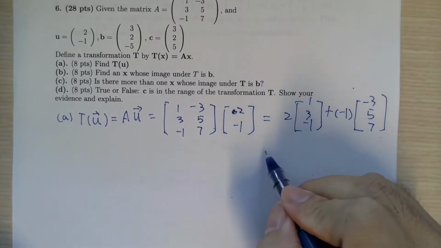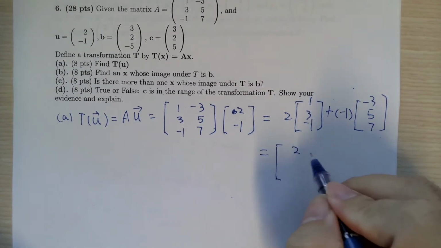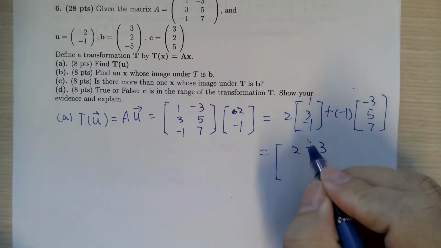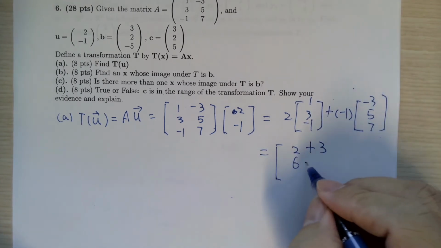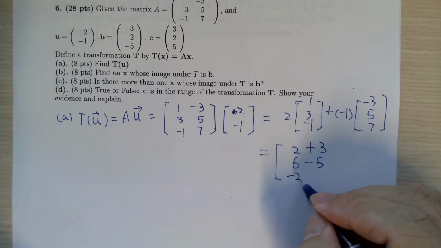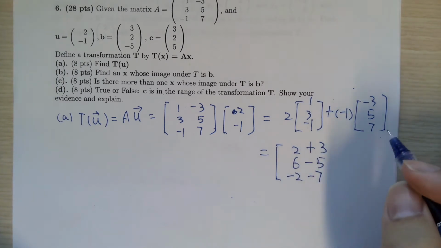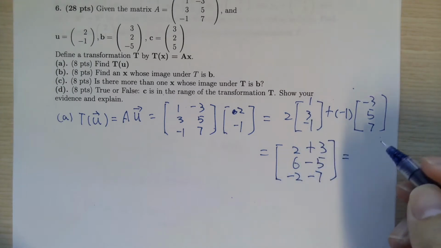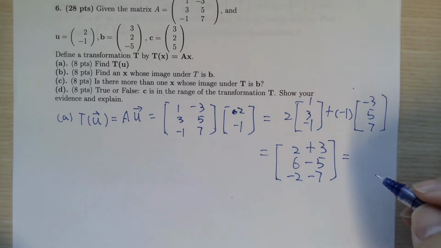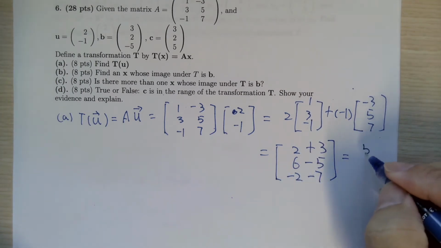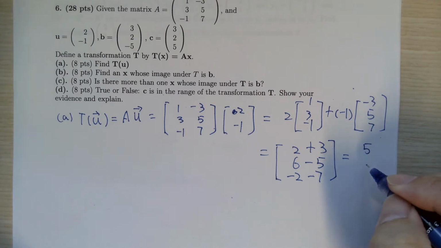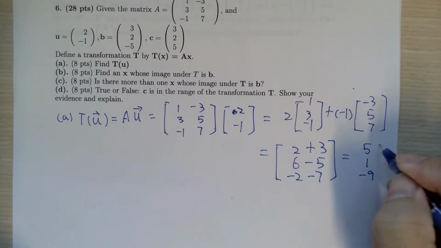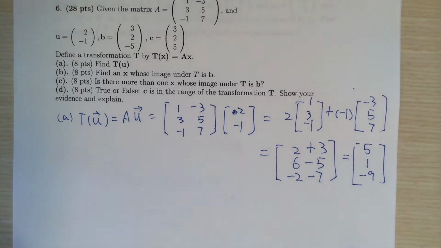So we can see this is going to become 2 plus 3, right? 6 minus 5, negative 2 minus 7. That gives us 5, 1, negative 9.